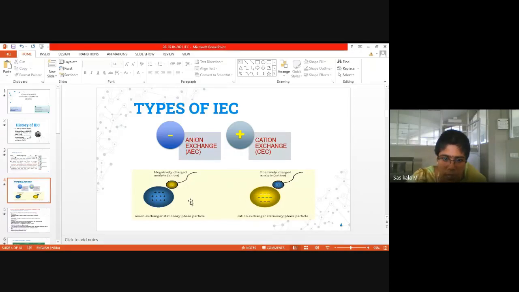So the stationary phase particle is opposite to your sample, either anion or cation. What are the two types? AEC and CEC. AEC is anion exchange chromatography, and CEC is cation exchange chromatography.